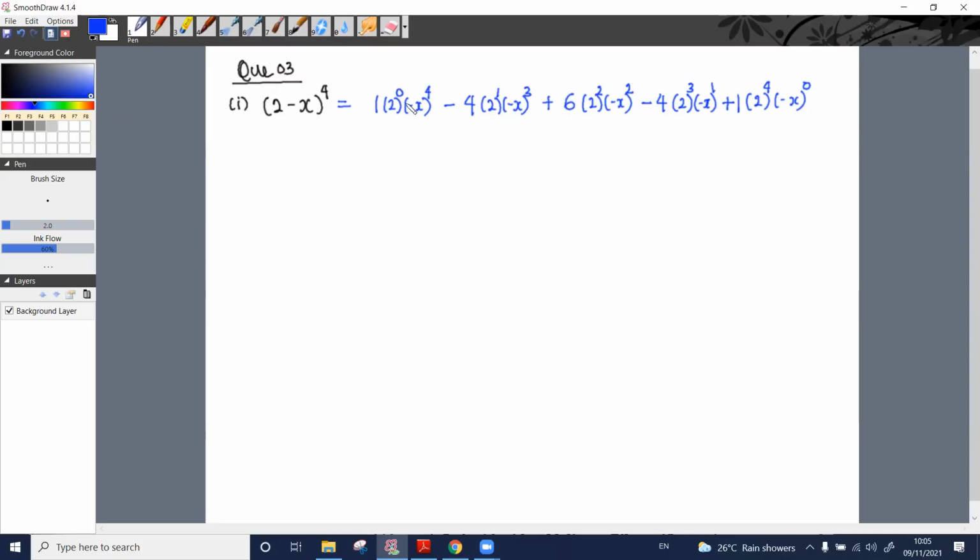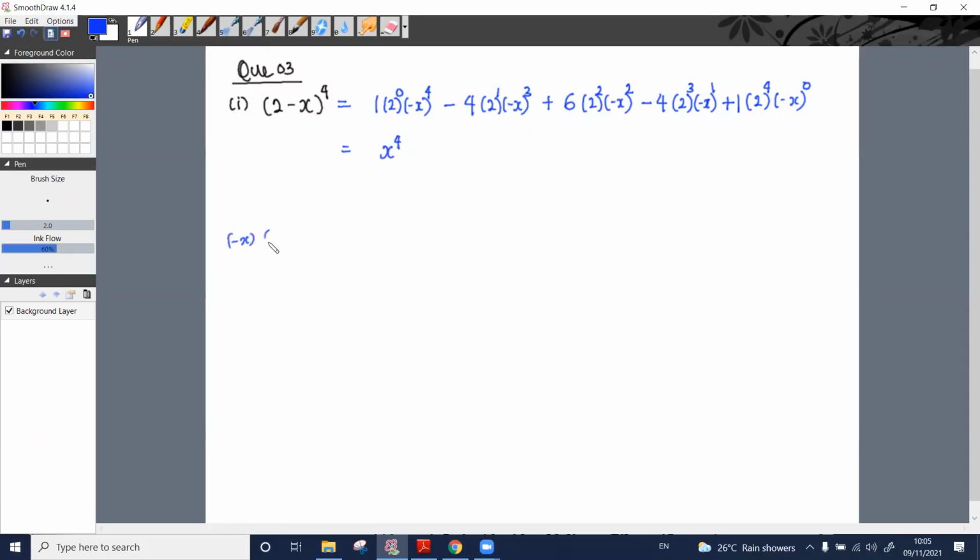Minus x to the power 4, what should it be? That is x to the power 4. Here it should be x to the power 4.